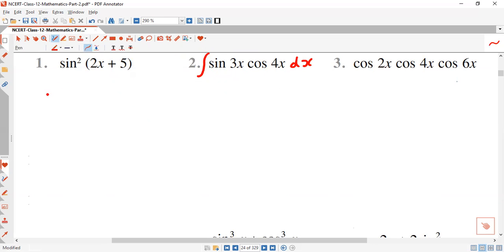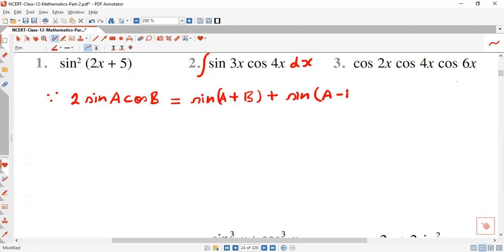We know the formula: 2 sine a cos b equals sine(a plus b) plus sine(a minus b).